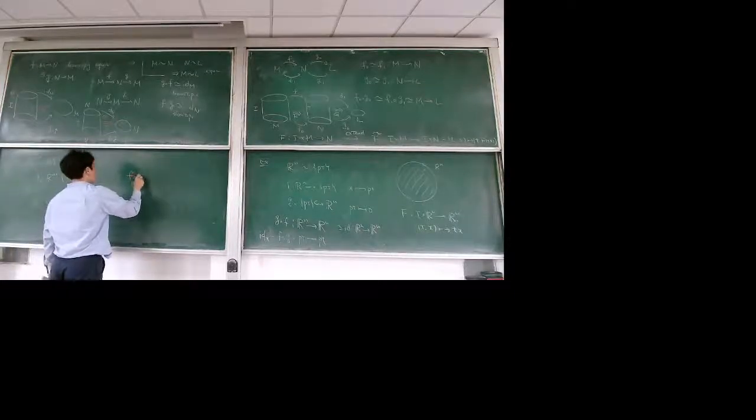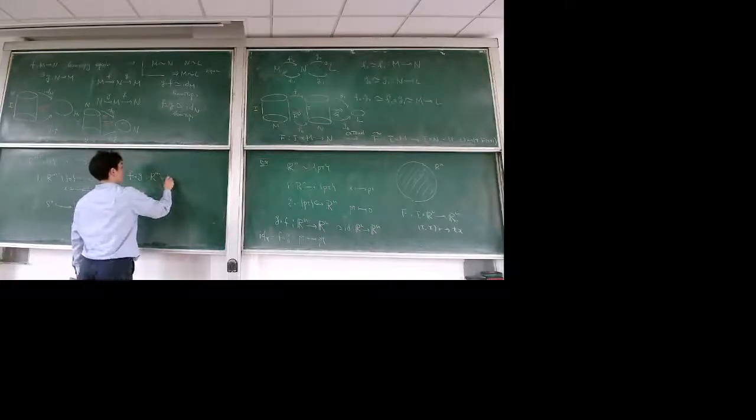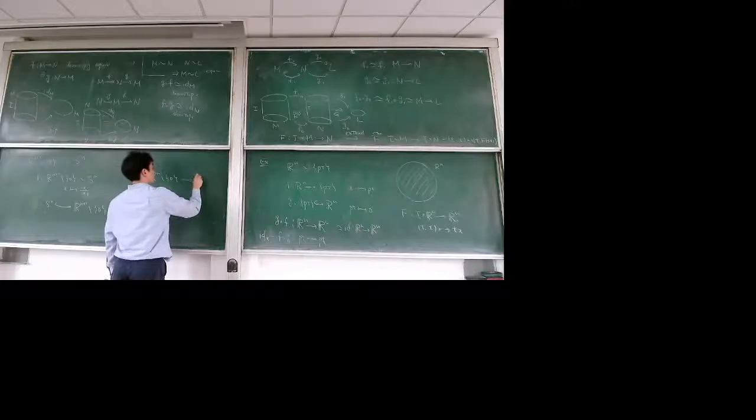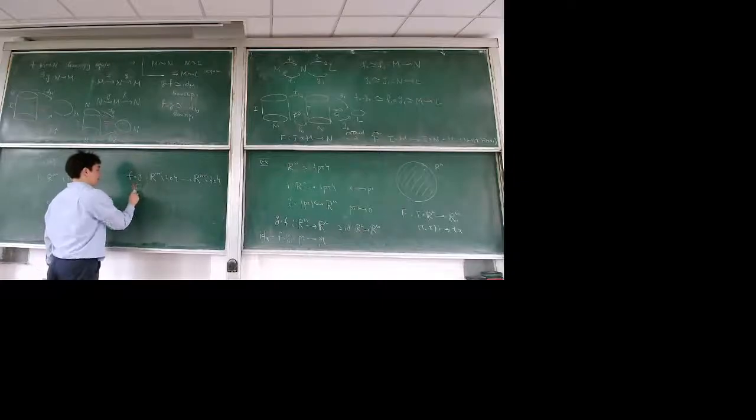So F∘G is R^(n+1) with the origin removed, and this one is homotopic to the identity of R^(n+1) minus 0.